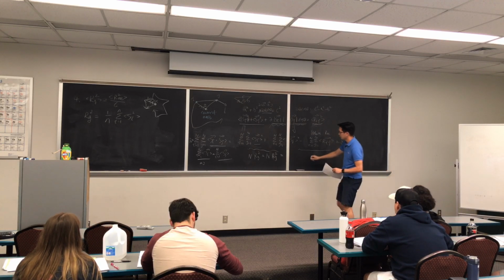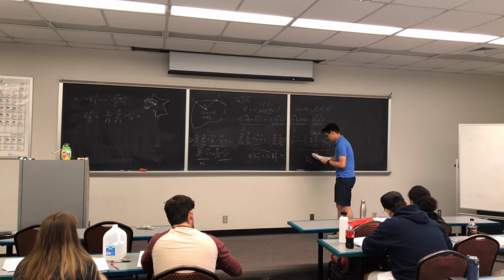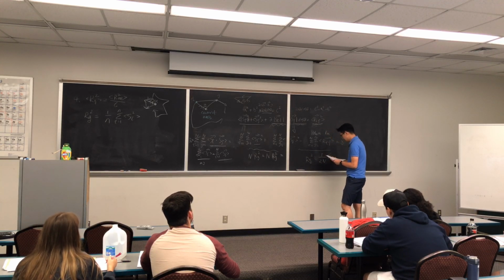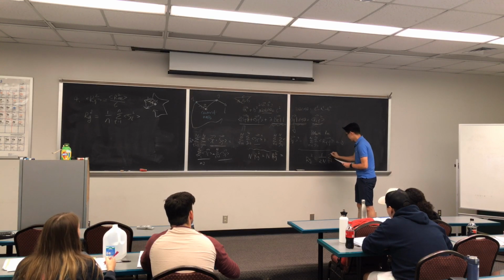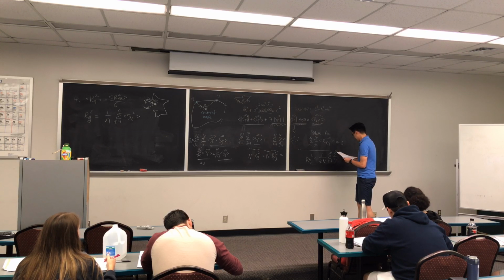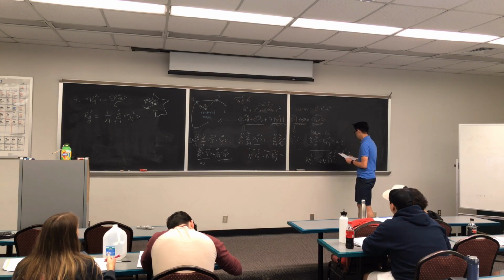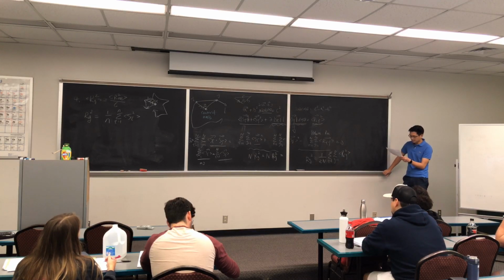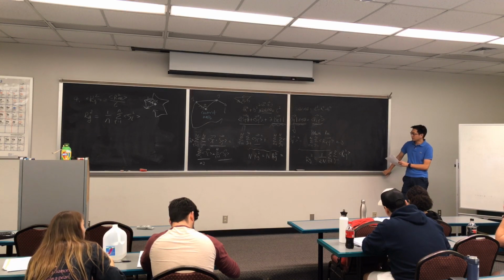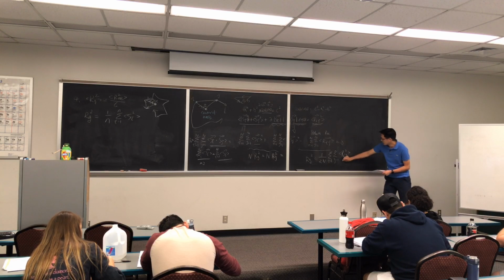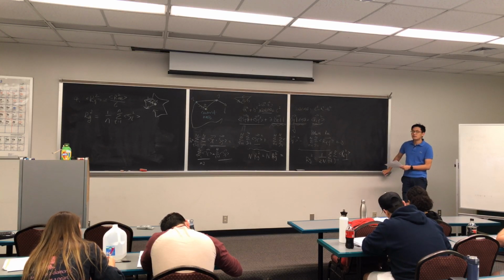So you can basically relink, so we could now have a relationship between Rg squared and Rij squared.